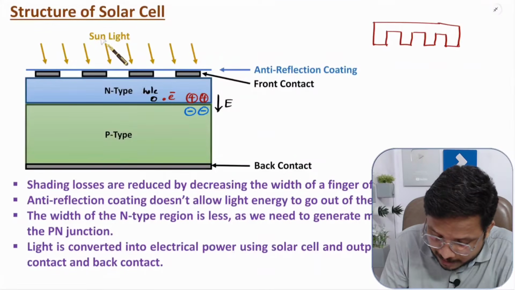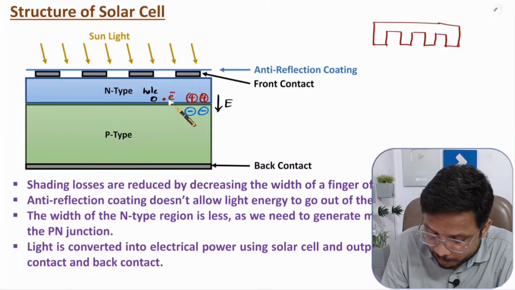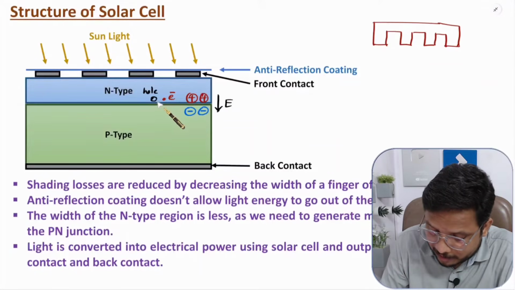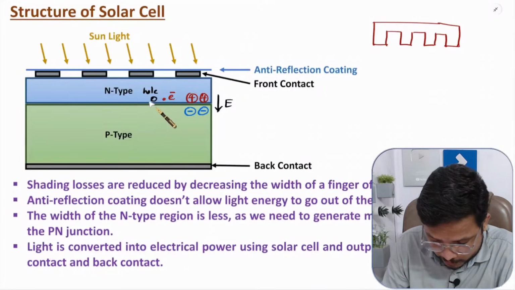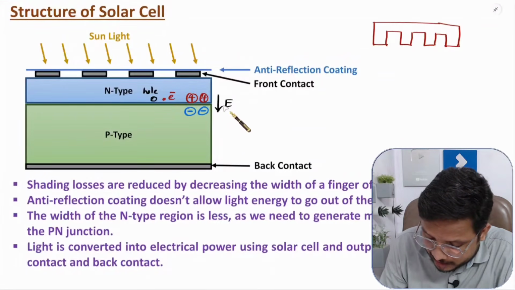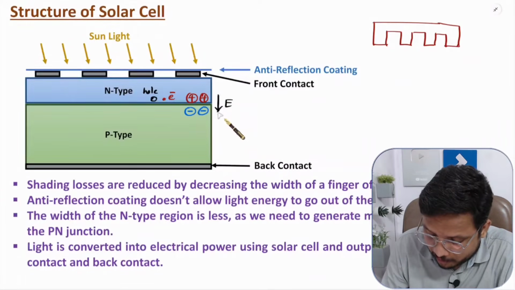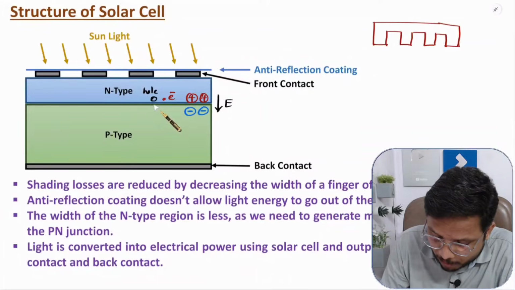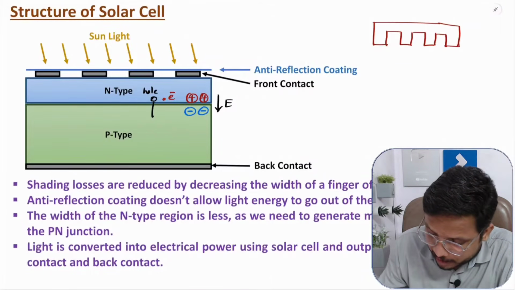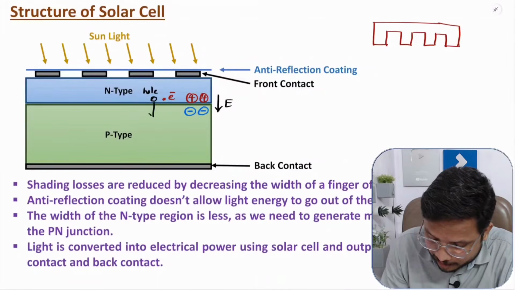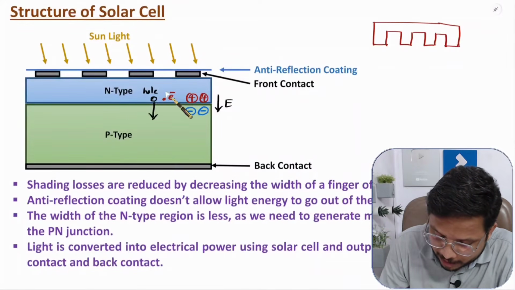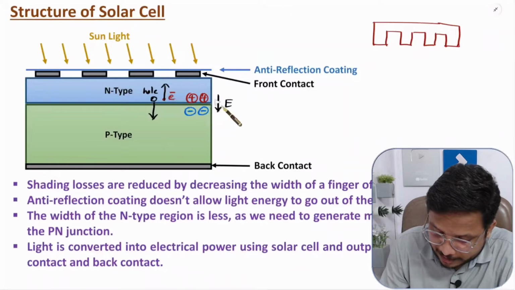Now, because of sunlight, whatever electron and hole pairs are generated over here will experience force. If you observe, the electric field is in this direction. So holes will be moving in the direction of the electric field, and electrons will be moving opposite to the direction of the electric field.